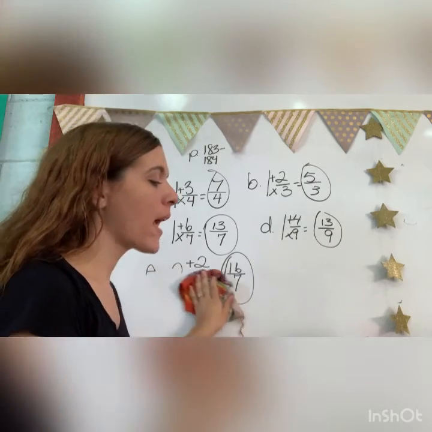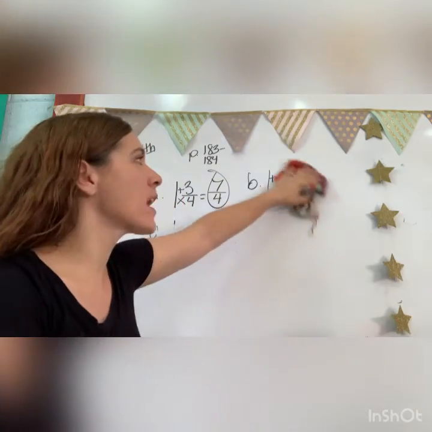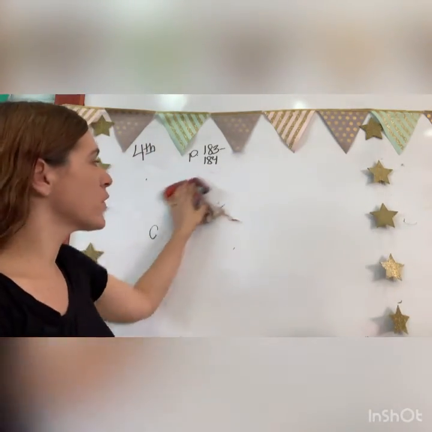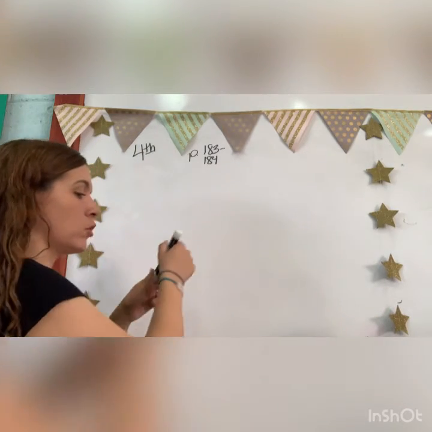Look at number 2, letter A. Go ahead and try it by yourself or we'll check it together. We've been doing these for a while, but I still want to make sure you remember. Do it by yourself.